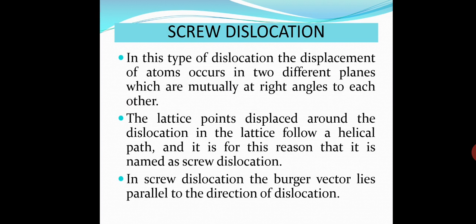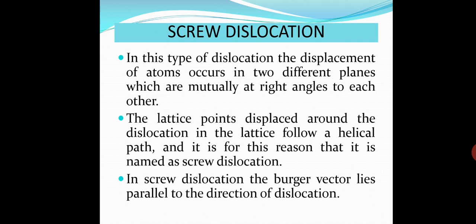So next we will discuss screw dislocation. So in edge dislocation, the dislocation occurs in a line which is at the edge of the extra half plane, and here the Burgers vector is perpendicular to the dislocation line.